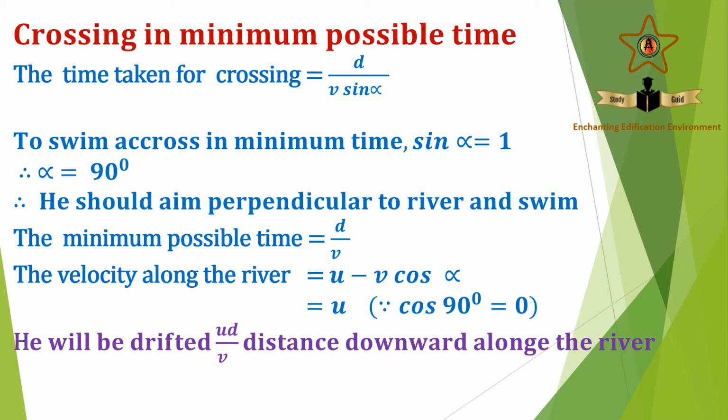So if a person wants to cross in minimum possible time, he has to aim perpendicular to the river and swim. And the minimum possible time is going to be d over v. When he swims, he will be drifted u d over v distance downward along the river.